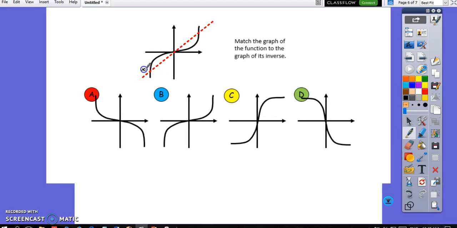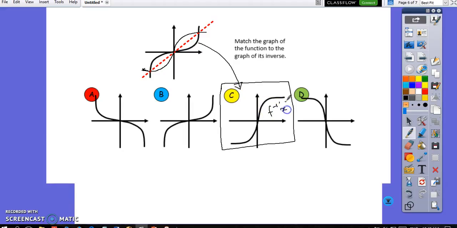So that's going to be kind of like that, and it will kind of go through the mirror line, it'll come back to the mirror line, and up like this. So C is going to be our solution here. This is going to be the inverse of our function if this were f of x.